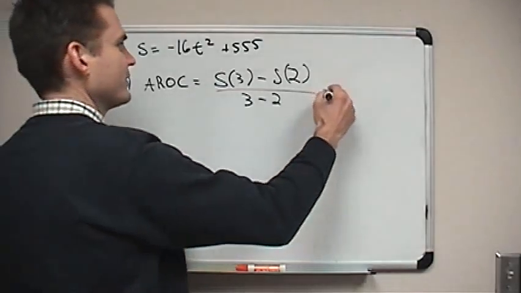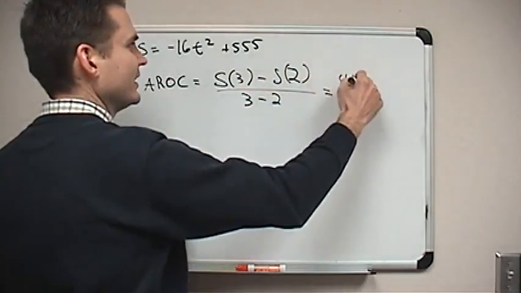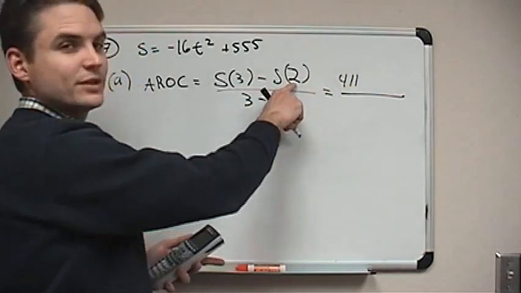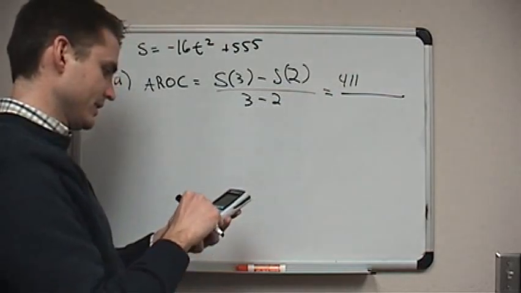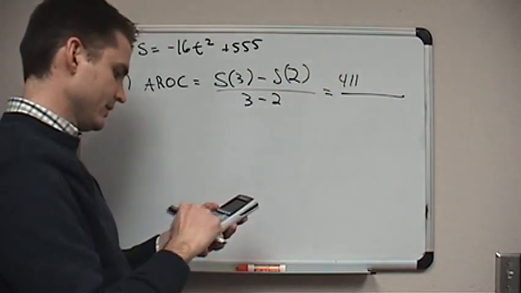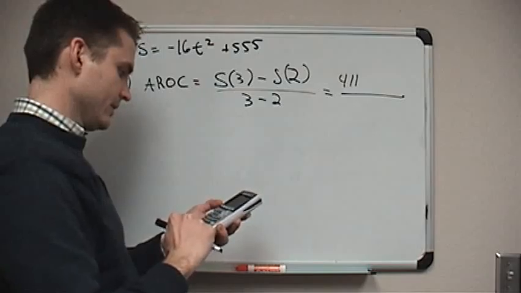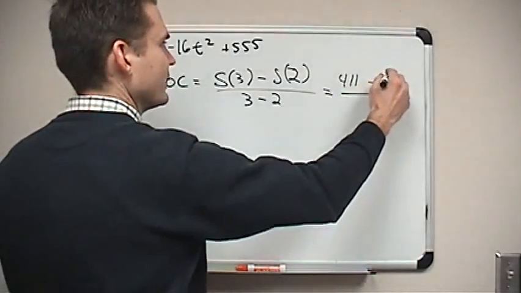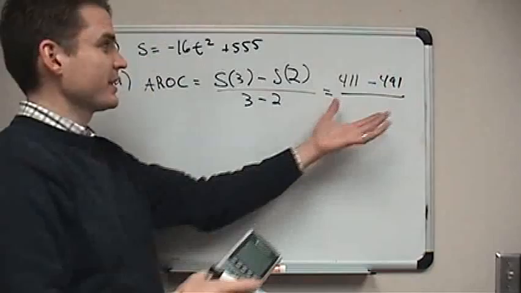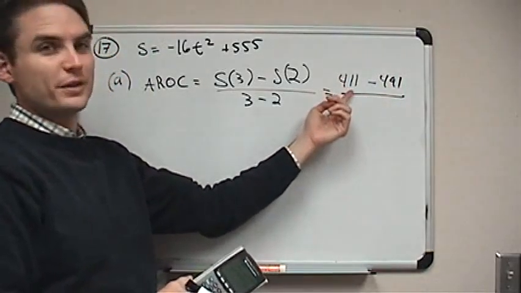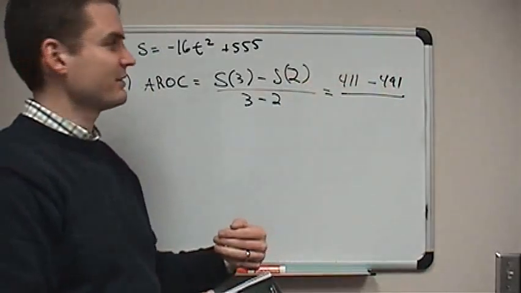Okay, so after 3 seconds, the height is 411 feet. After 2 seconds, the height is 491 feet, which looks a little strange, but that is the way it works. It's going to be further down after 3 seconds than it is after just 2.